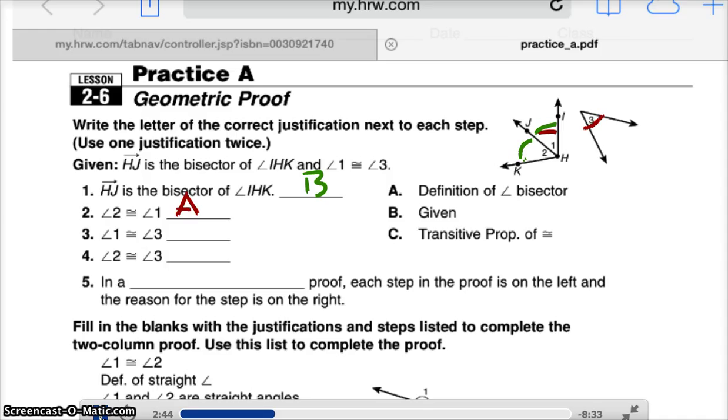So A. Angle 1 is congruent to angle 3. That was given to us, so that's B. Angle 2 is congruent to angle 3. If you look at statement 2 and 3, notice that they both have angle 1 in them. So you cross out angle 1, you have 2 is congruent to 3, which would be the transitive property. Alright, so C.